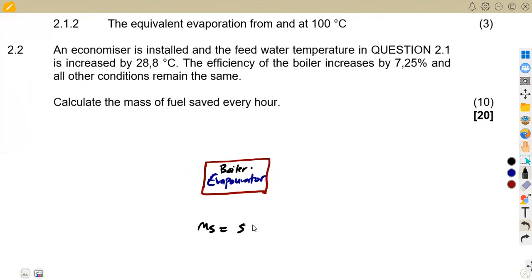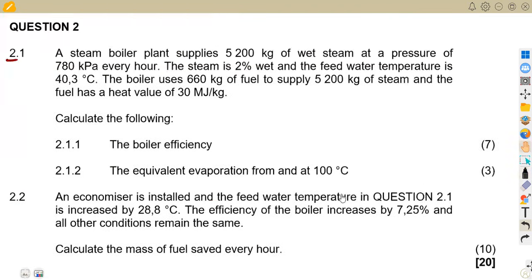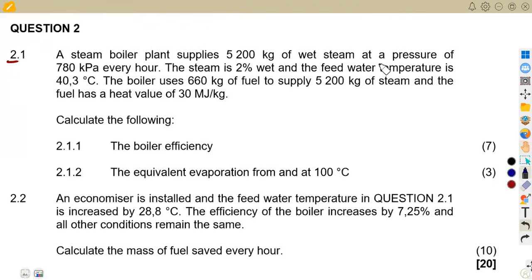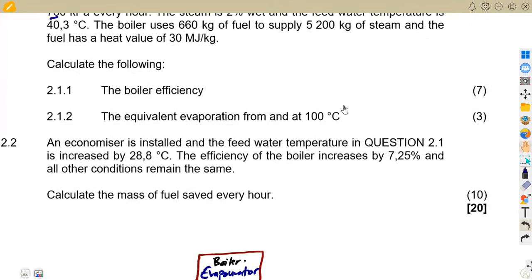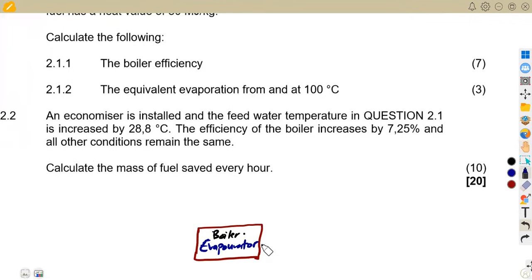And we are also given the pressure at the boiler, which is 780 kilopascal. So we are going to indicate our pressure of 780 kilopascal.